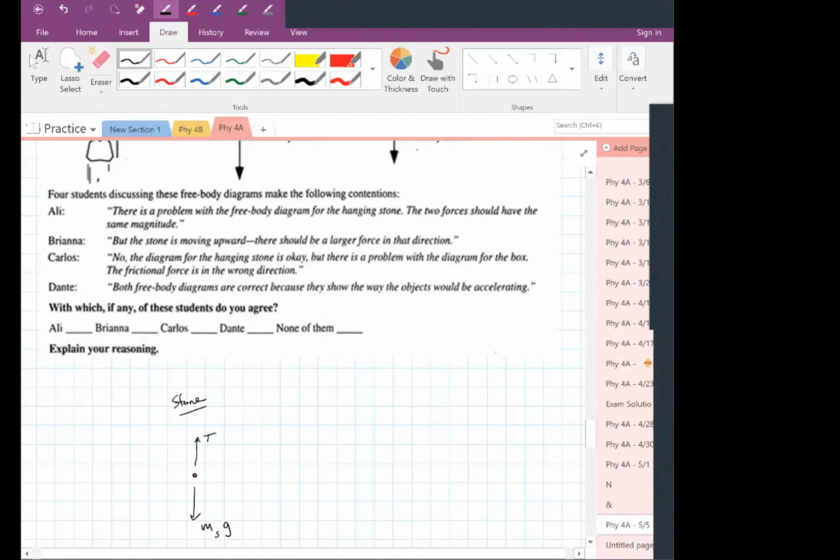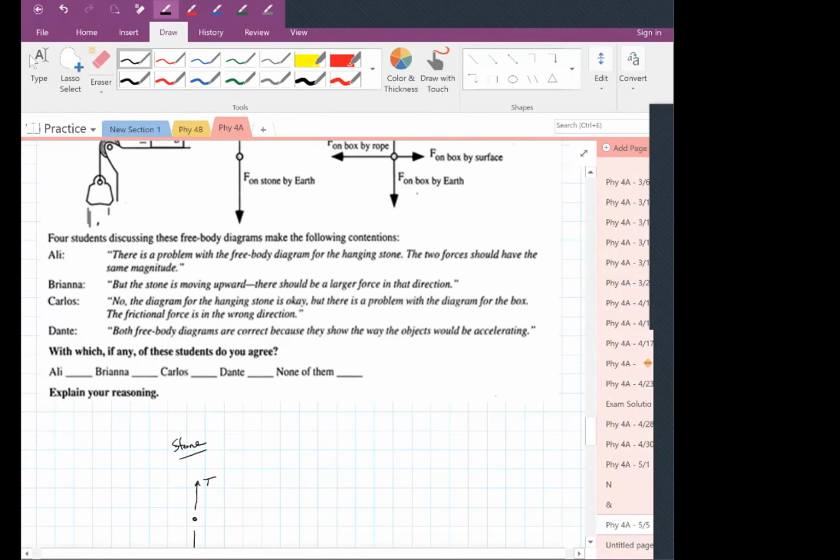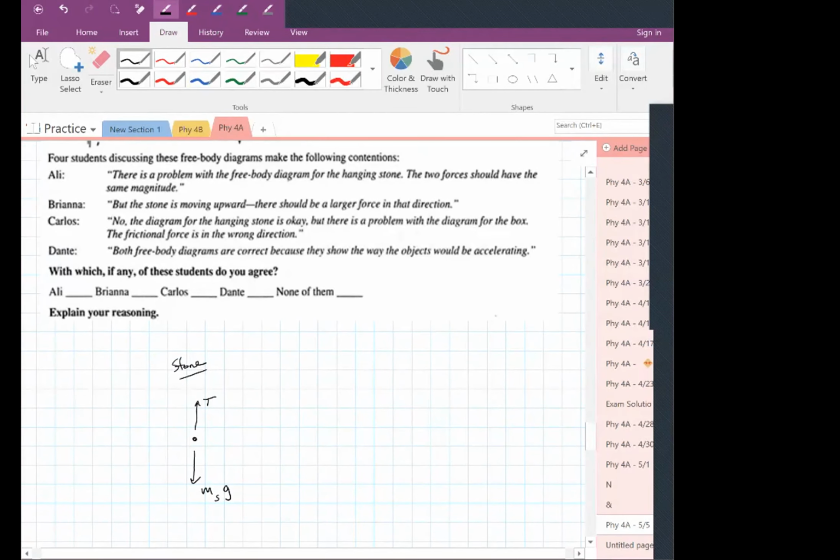I think the stone looks pretty good. This is how I would have drawn it. Looks about right. How about the box?